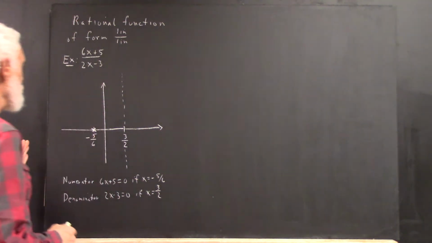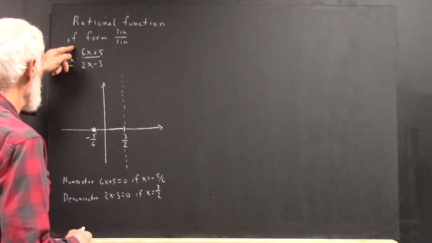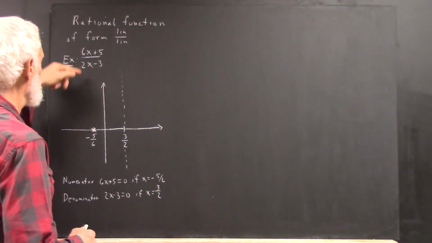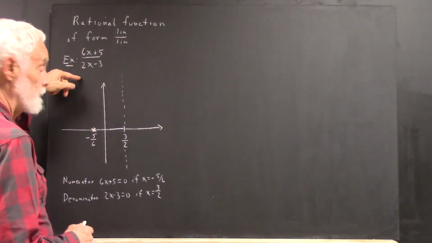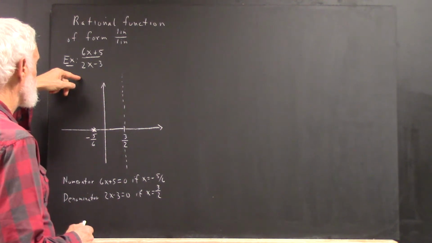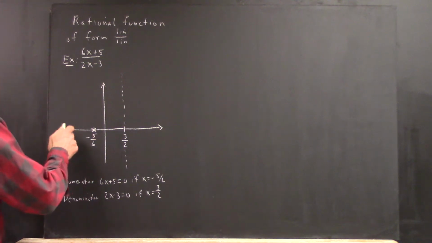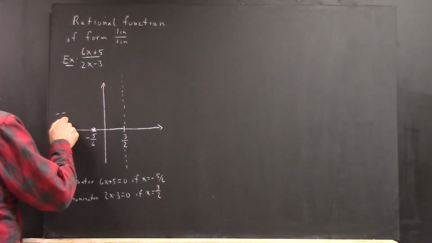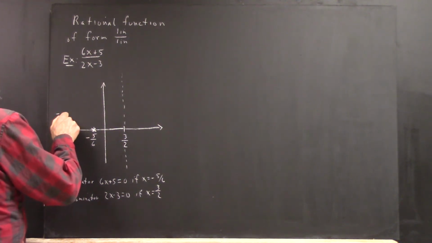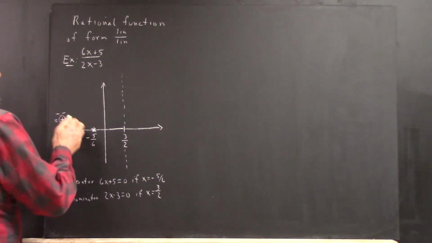To the left of negative 5/6, the numerator is negative, and the denominator is negative. So over here we have two negatives, which give us a positive.